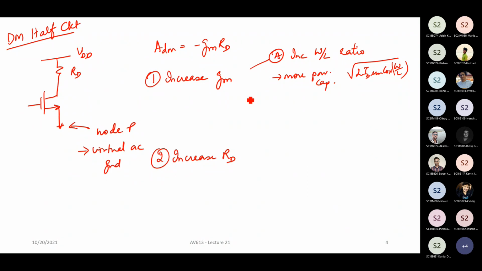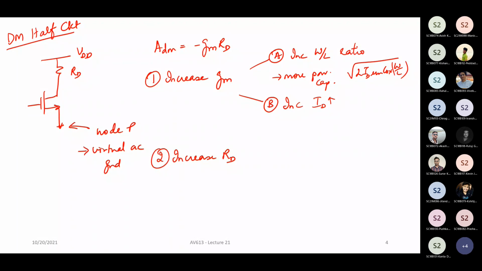Now, the other way is basically to increase current. Increasing current obviously means that you are going to increase the power dissipation. Let us say that we are still within the power budget limits.